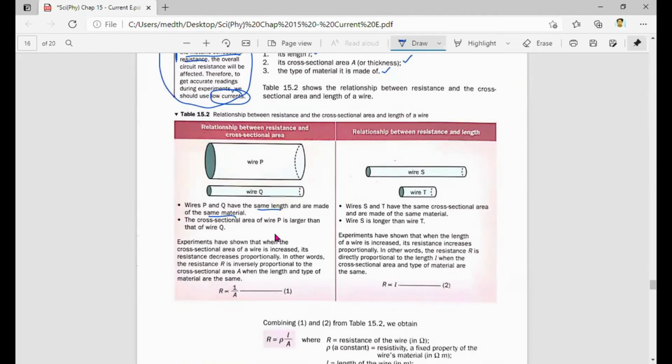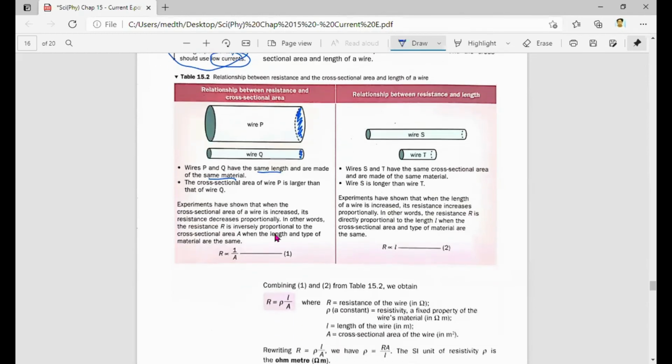The cross-sectional area of P is larger than that of Q. Experiments have shown that resistance decreases proportionally when the cross-sectional area increases. In other words, resistance R is inversely proportional to area.